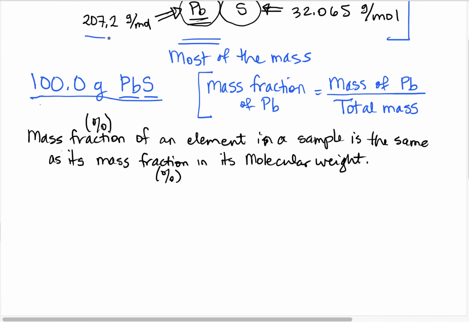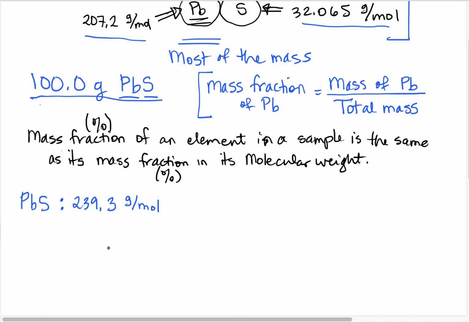So we have two atomic masses. The molecular weight for lead sulfide would be the sum of those two masses. And if I've done my math right, I get 239.3 grams per mole for the molecular weight.